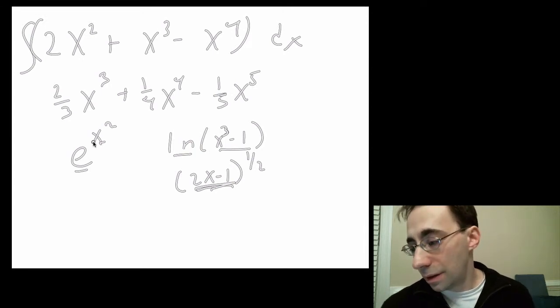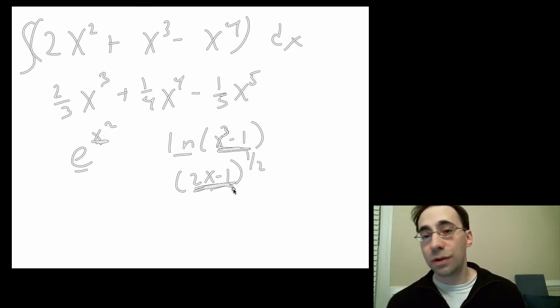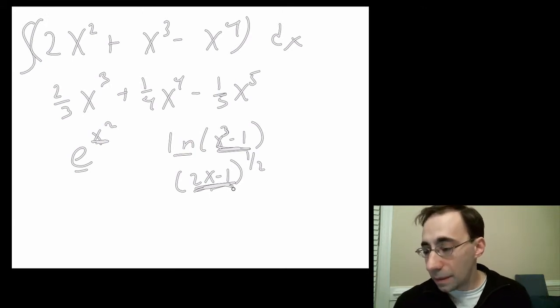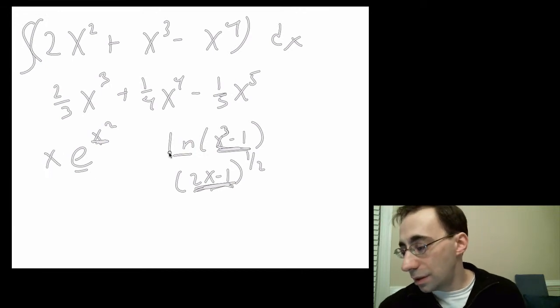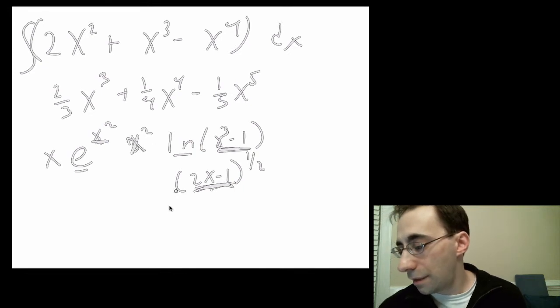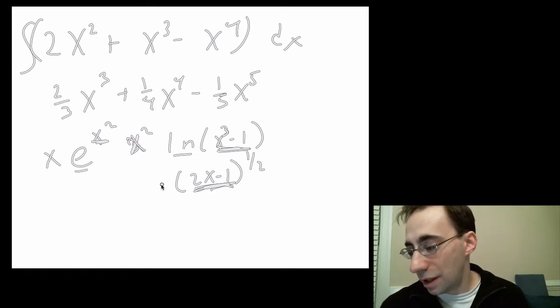So x squared, x cubed minus 1, or 2x minus 1, those are all the inner functions. To use substitution here, I would need some multiple of x out front. To use it here, I'd need some multiple of x squared out front. And to use it here, I can always use it because I just need some multiple of 1.